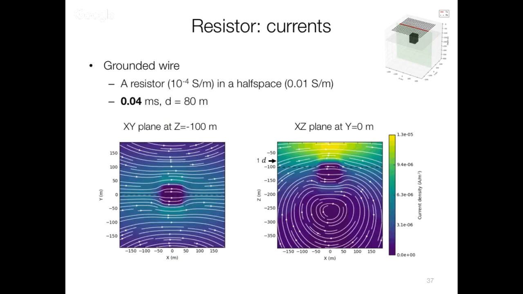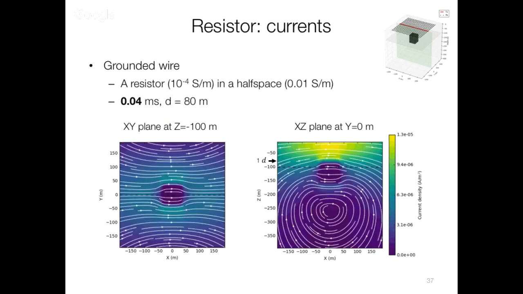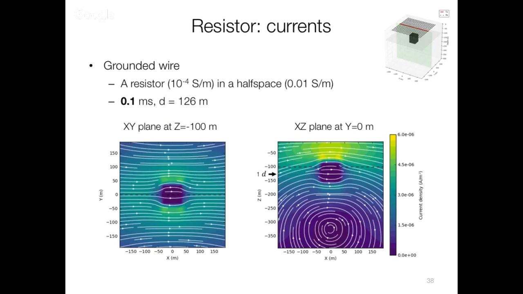So this is steady state, and here is early time. You can see the fields diffusing down and starting to interact with this body. Everything just kind of goes down, and we get these currents coming through like this.